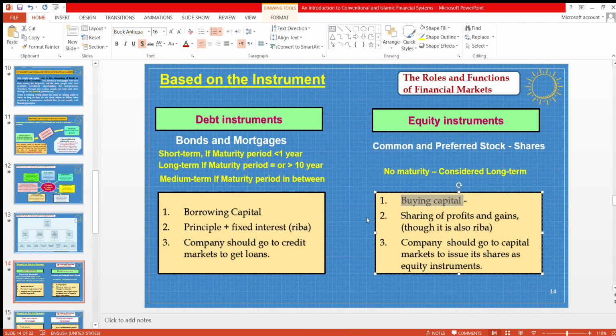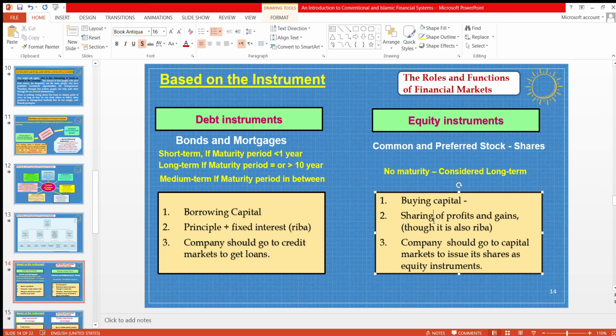So here there is no principal plus interest; there is sharing of profit and gains. Though the Islamic financial system considers it interest when there is no sharing of risk, like riba, fixed interest, as with preferred stock. But common shareholders face loss if there is a loss. They do not take profit.